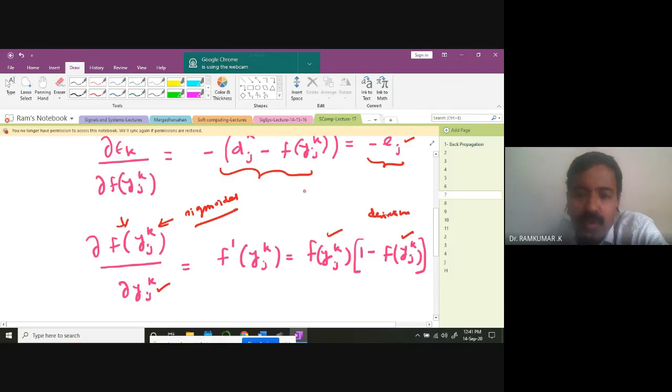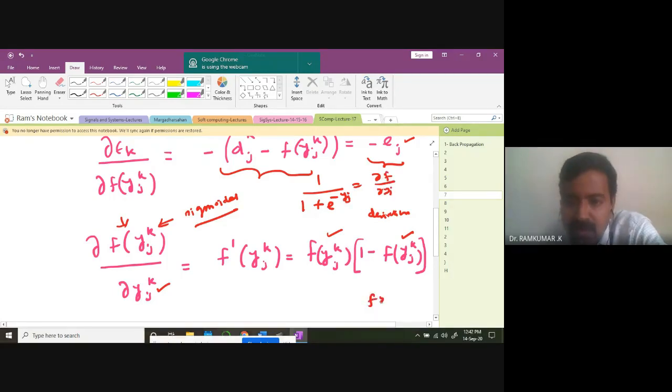The derivative of this function with respect to yj is going to be the same function times 1 minus f of y. That's what you'll be getting. I told you that long time back; I hope you can recall. So that's the first derivative.